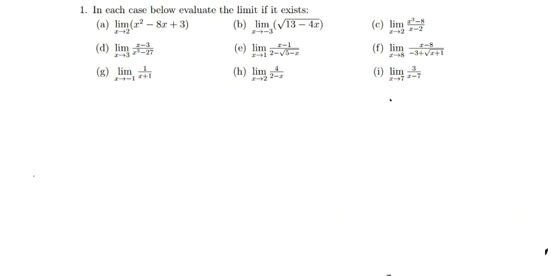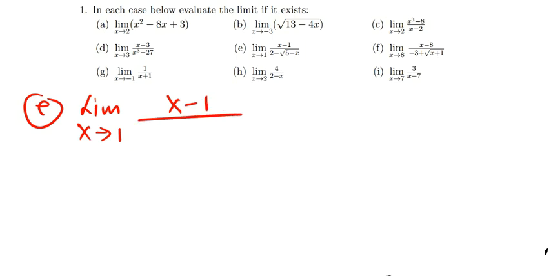That's it for D. We can now move to E. Now we are on E. The limit as x approaches 1, x minus 1 divided by 2 minus root of 5 minus x. Okay. Basic question. Are you able to answer it?